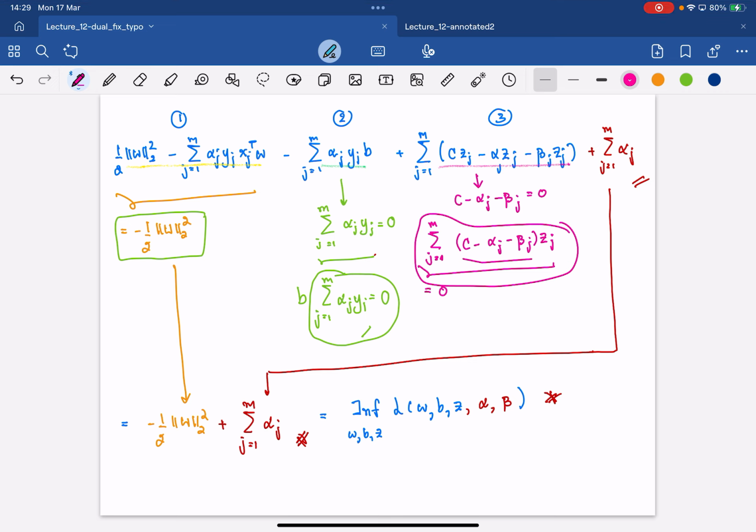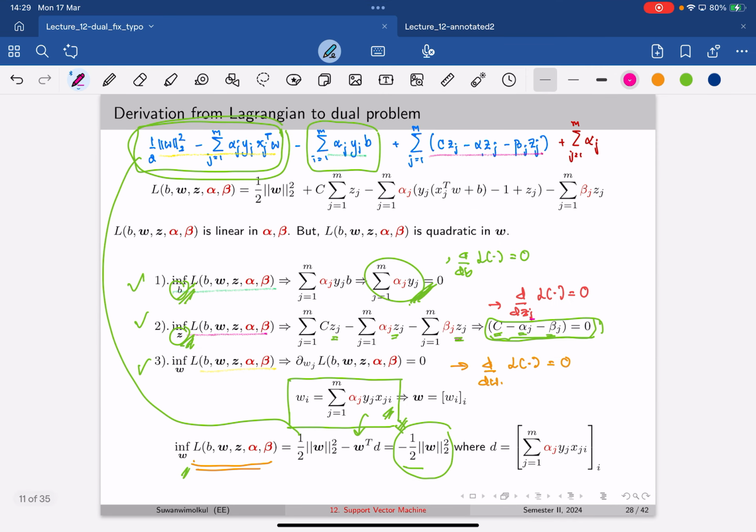So this means if you add them up, you will only have minus 1/2 the W square plus the summation of alpha j term. This alpha j term is the only term that corresponds to this minus 1 here. If you multiply alpha j back into this equation, you will get this alpha j.